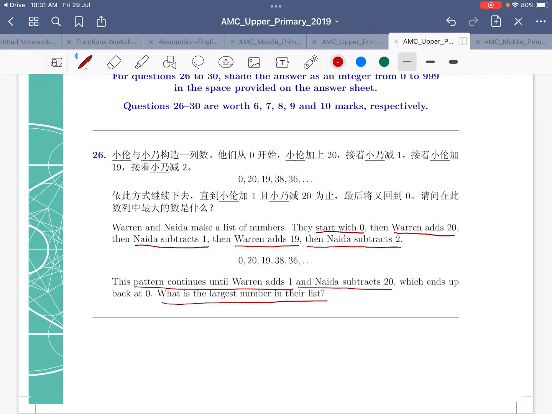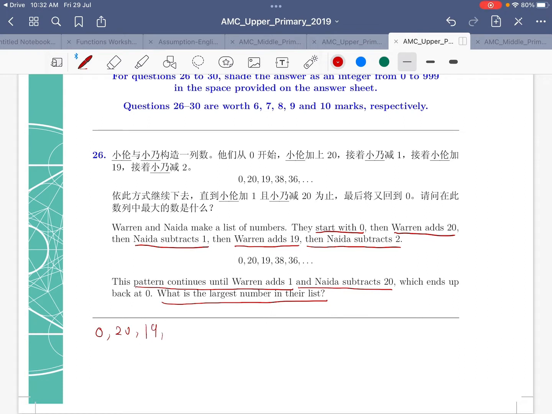So in this case, Warren starts to add 20, Naida subtracts 1. We are going to find the largest number in this list, so maybe it will make sense if we list out another few terms and try to see the pattern. We have 0, Warren adds 20, Naida subtracts 1, we get 19.